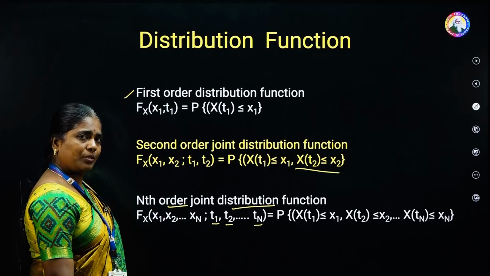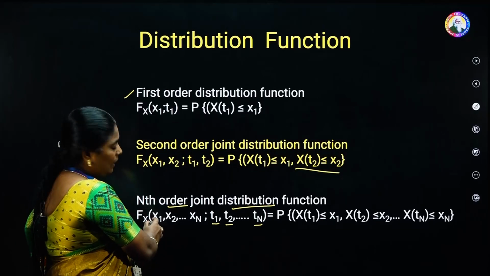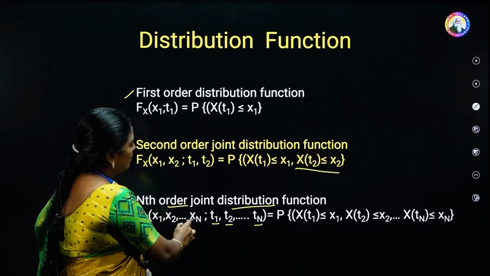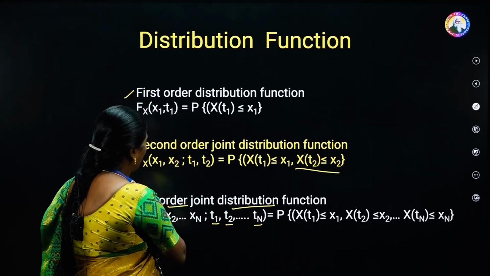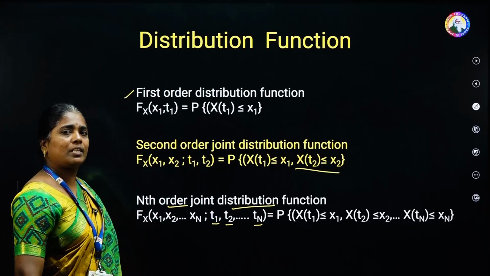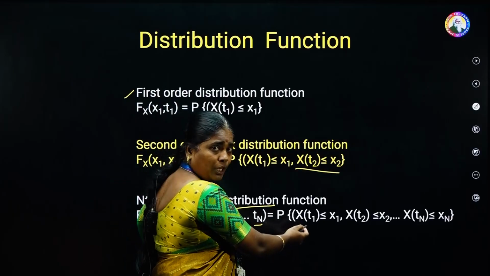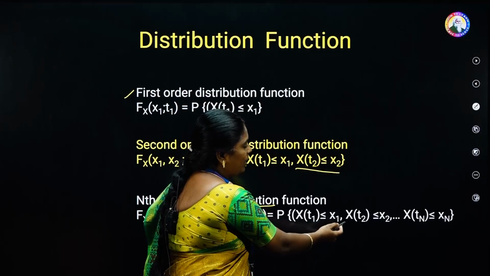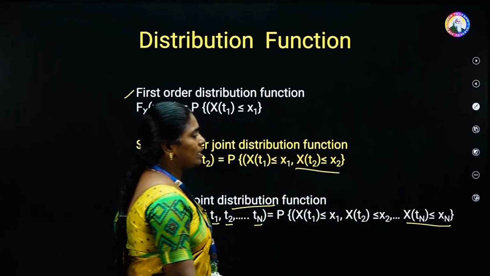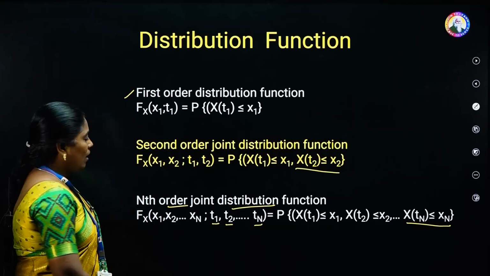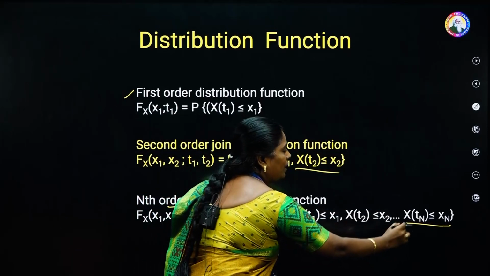So the notation for the nth order joint distribution function is Fx of x1 comma x2 so on xn semicolon t1 comma t2 so on tn. This entire LHS is the notation for the nth order joint distribution function, that is equal to the probability of x of t1 less than or equal to x1 comma x of t2 less than or equal to x2 so on x of tn less than or equal to xn. How many random processes with respect to times we are taking, that many terms we are going to get.